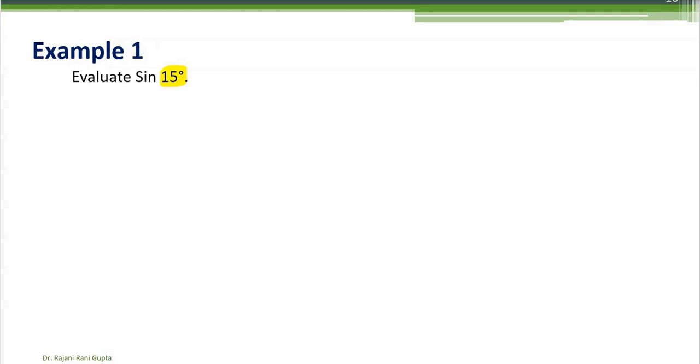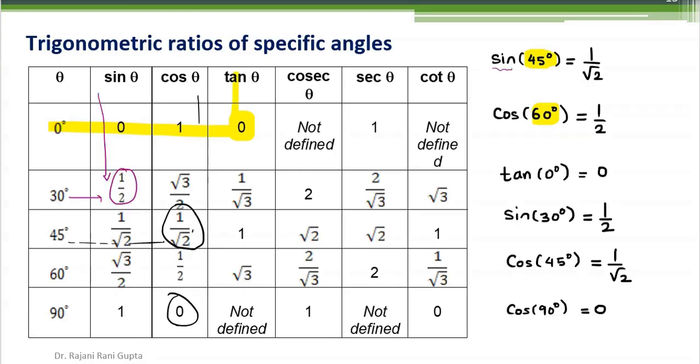You will again use these angles 0, 30, 45, 60 or 90 to express angle 15. These are the standard angles available to you. You need to see how you combine these angles so that you get 15 degree. You are allowed only to add or subtract.